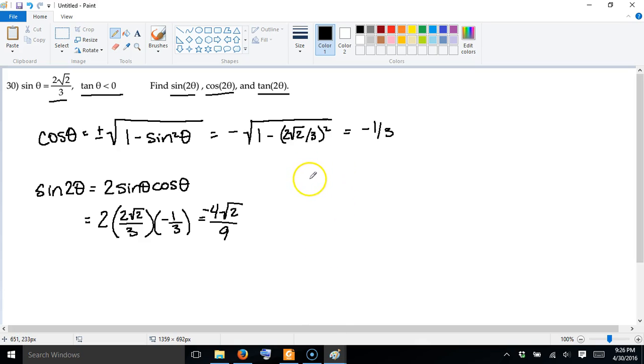Now let's find the cosine of 2 theta. We could have found it with just the fact that we know sine of theta, but there's 3 of them. Choose which one you want. I am choosing that cosine 2 theta is equal to 1 minus 2 sine squared theta.